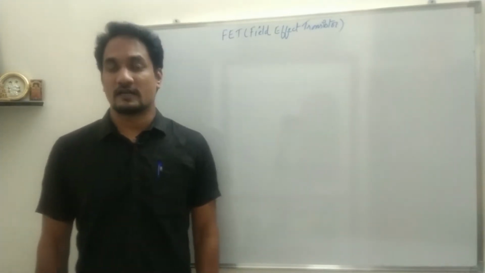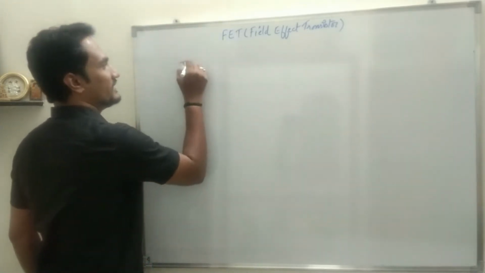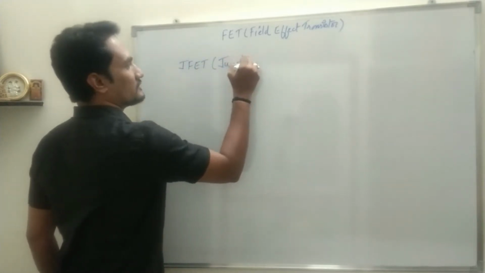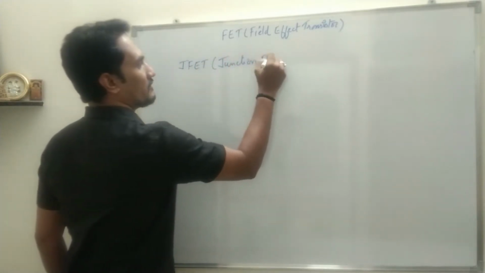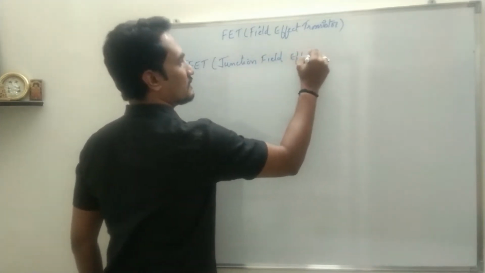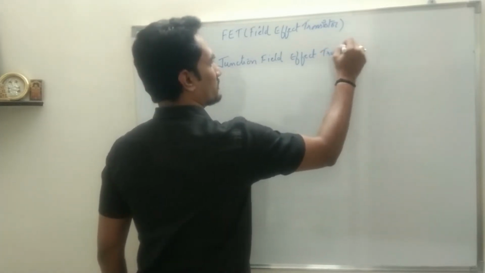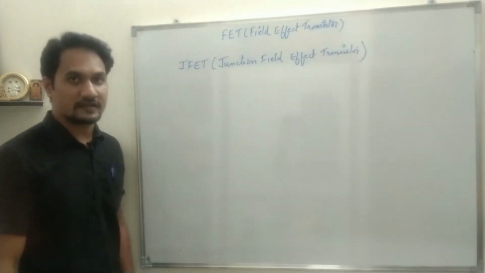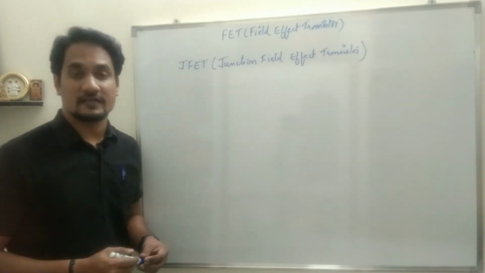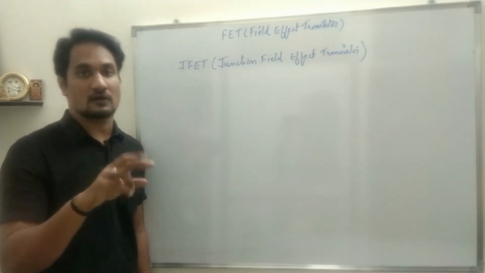Now let us try to understand the first type of field effect transistor, that is JFET. JFET stands for junction field effect transistor. As I said, the current conduction in a field effect transistor will be because of only one charge carrier, either electrons or holes.